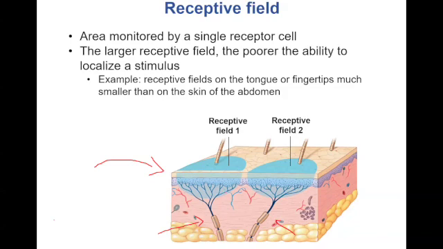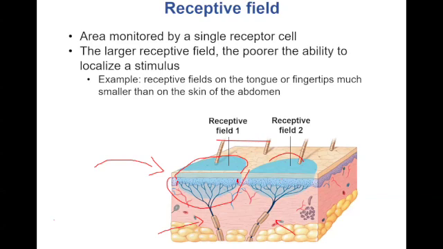Each one of these neurons with their receptors at the very end are going to monitor, because again, these endings only reach out this far, all the way out to here, right? So they physically only have the ability to monitor this specific area of the skin. So this would be, for example, receptive field number 1 in this image. And then we have another receptive field number 2, which is being monitored by this ending here.